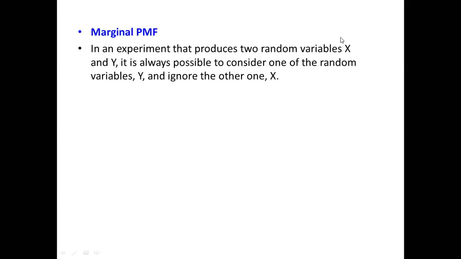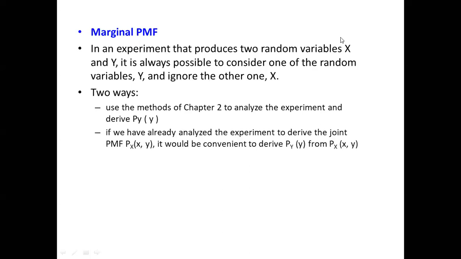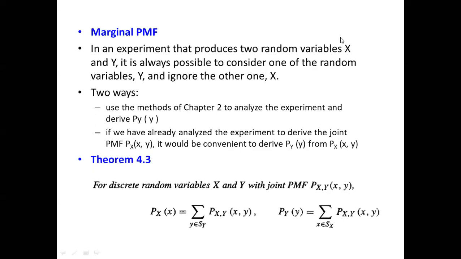All right. Now the marginal PMF, how can we do that? The marginal PMF can be done in two ways. Directly find the probability of y or probability of x, whatever it is, that is a single random variable. And another way is by using the PMF of x, y, and then from the PMF of x and y, we can find out the PMF of y or PMF of x. Now, how to do that? This is the way we will do that.